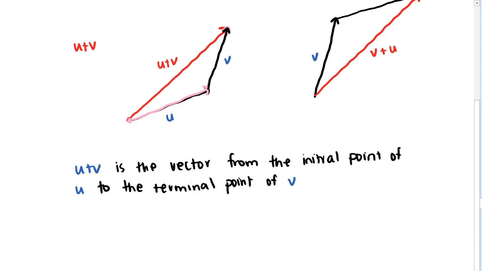And we've said that v plus u gives us the same vector. It doesn't matter the order in which we add two vectors together.